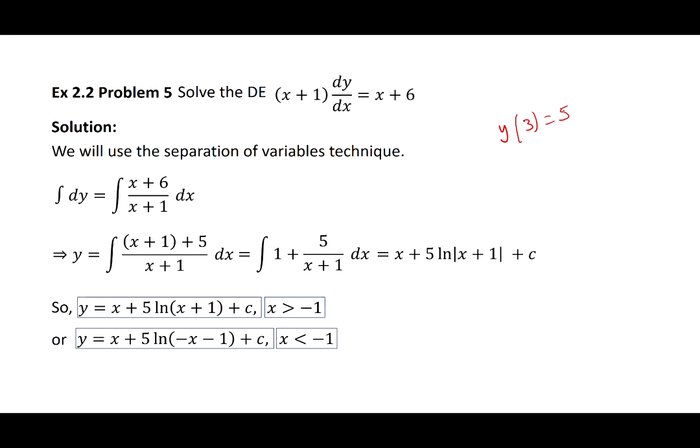So we cannot pick the bottom one in this situation. We must pick the top one, which applies whenever x is greater than -1, and our initial value of x happens to be 3. Cool. On the other hand, if the initial condition was y of -4 is equal to 2, then we must pick the bottom one. Cool? That's the idea. All right, let's move on.